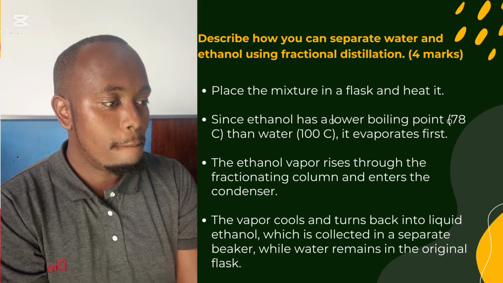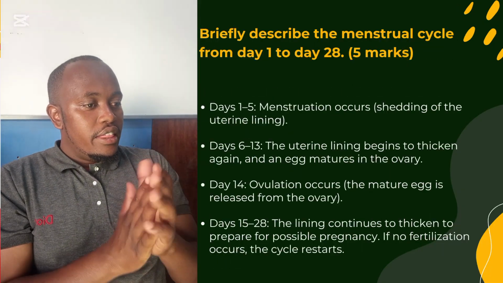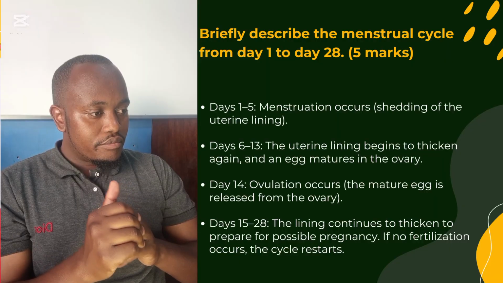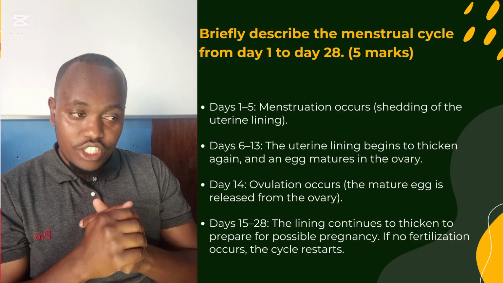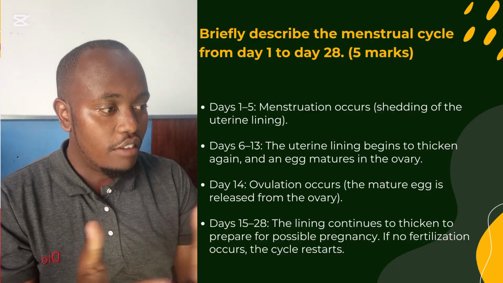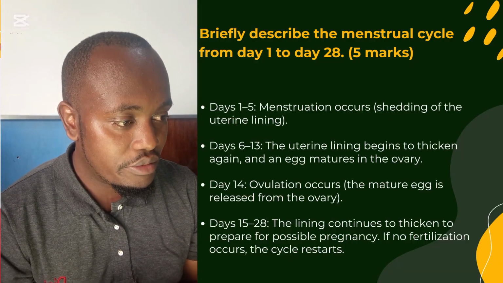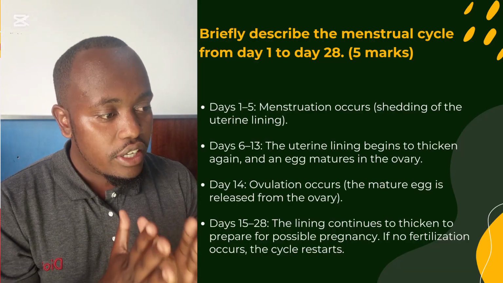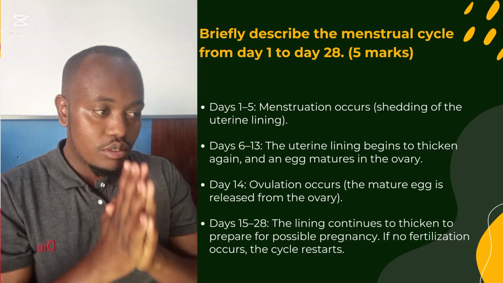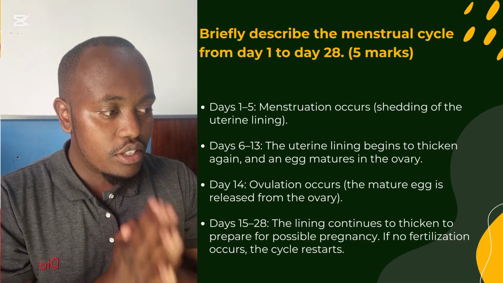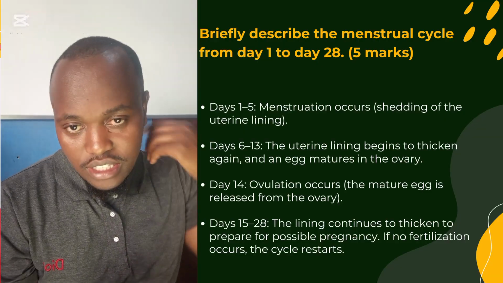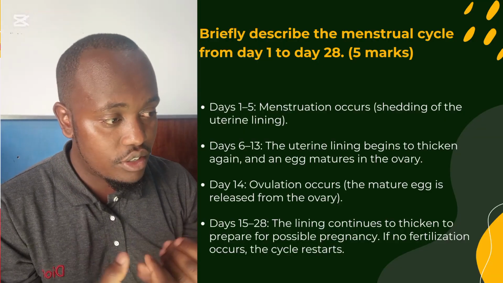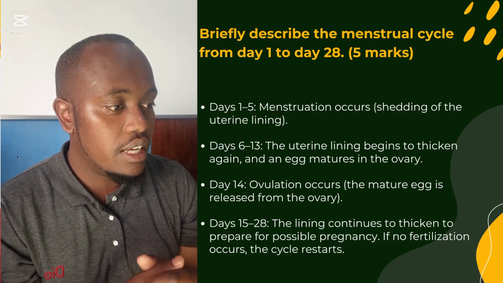Easy. The next question, briefly describe the menstrual cycle from day 1 to day 28. You have learnt about the menstrual cycle. From day 1 to day 5, what happens? Menstruation occurs. This is the shedding of the uterine lining. This is responsible for the menstruation or spotting.